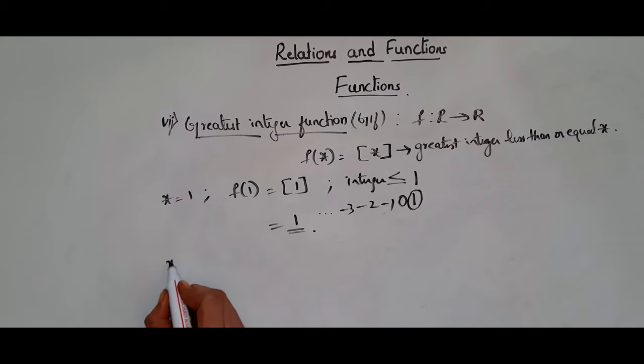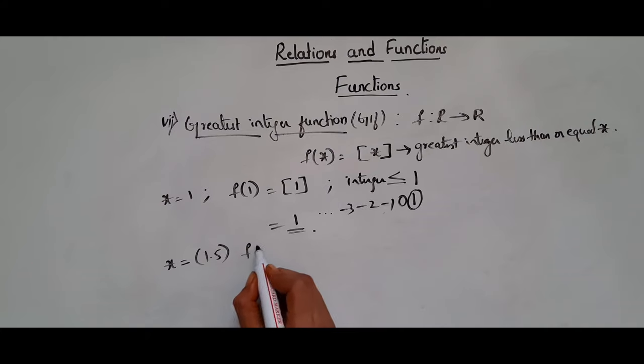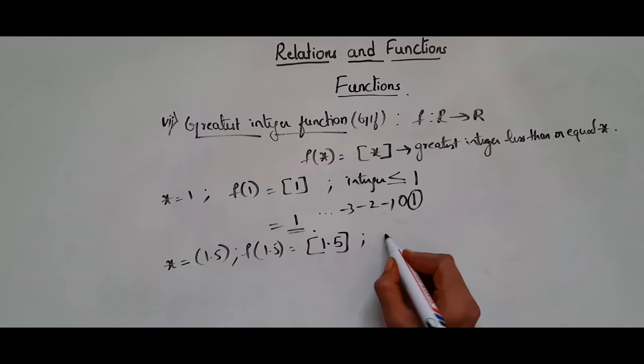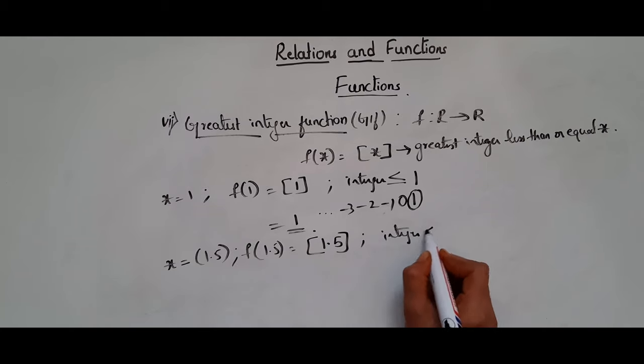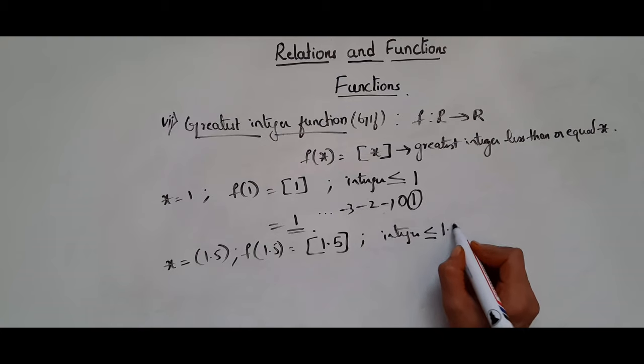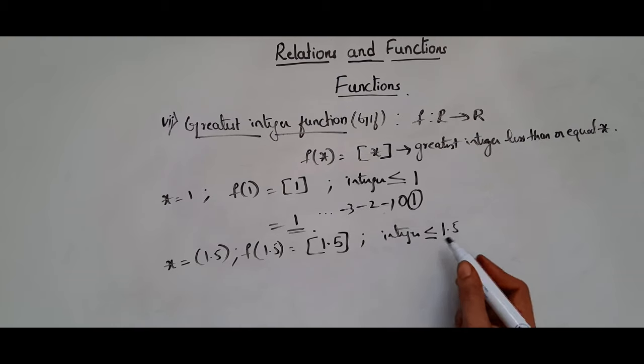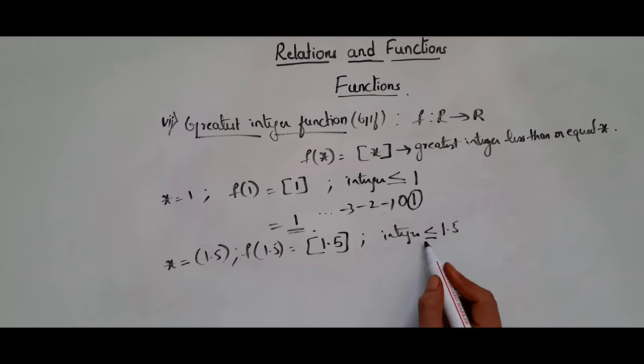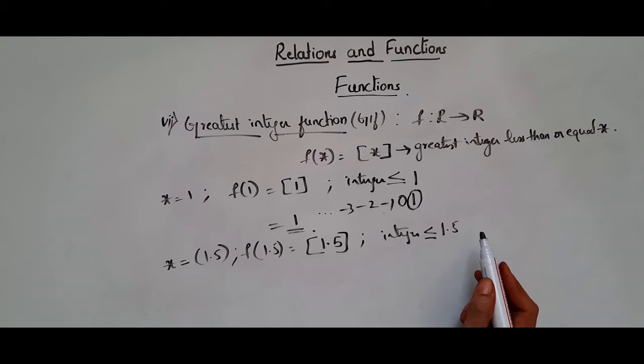Now let me give another example. When x is equal to 1.5, f of 1.5. First let's write the integers less than or equal to 1.5. What all are the integers which are less than 1.5? So 1 is less than or equal to 1.5. 1.5 is not an integer, right?